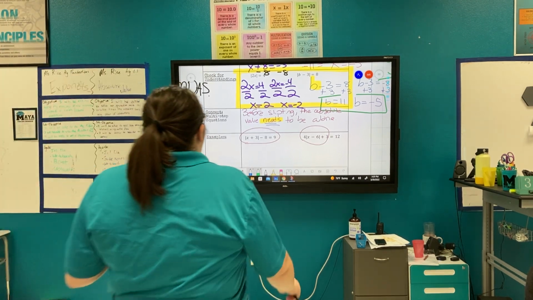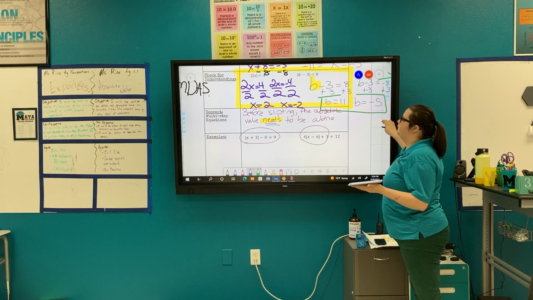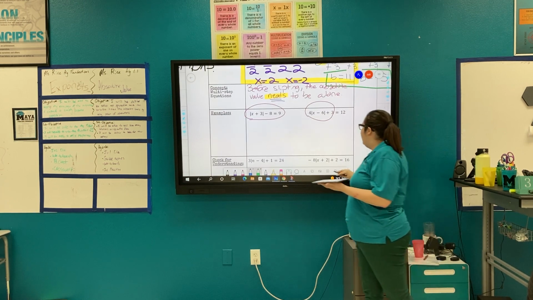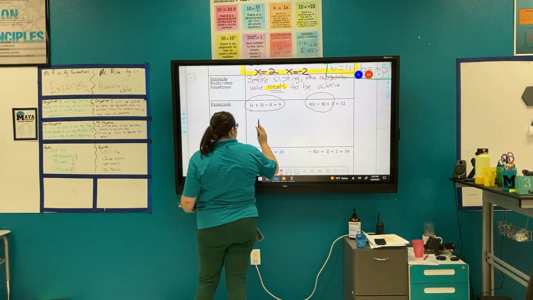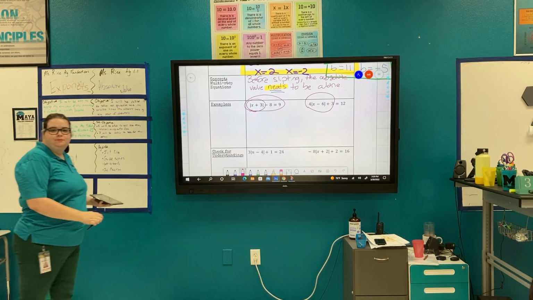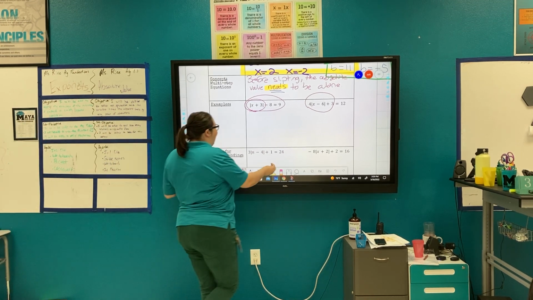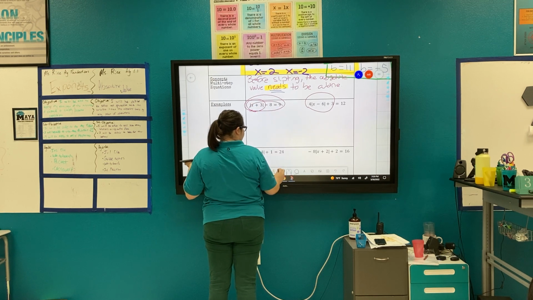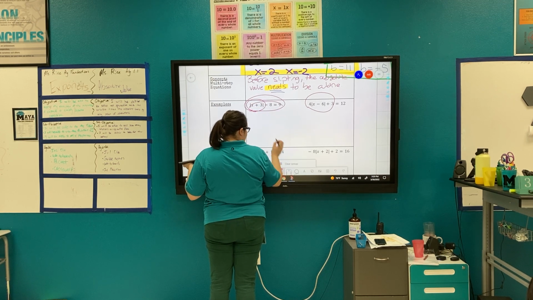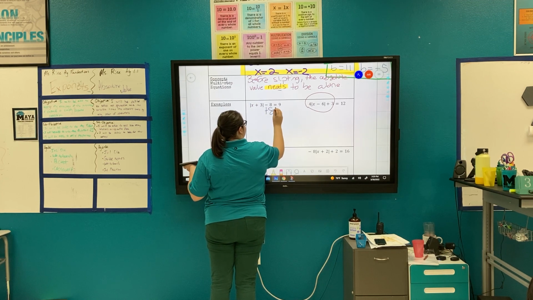Okay, with that written down, I'm going to show you some examples. So, out of curiosity, is this absolute value by itself right now? No, what's with it? Minus 8. I need to move that to my other side. So, I'm going to plus 8 and plus 8.